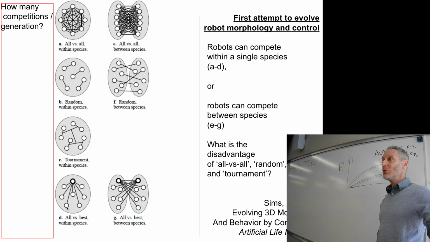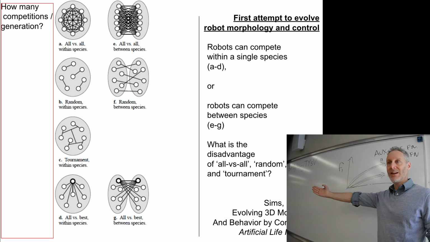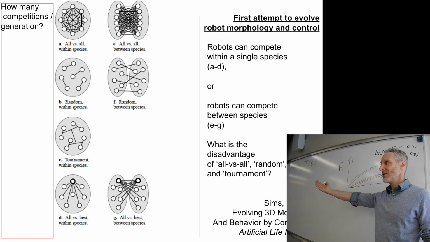So if any new individual that arrives in the population through mutation or crossover manages to unseat the king or queen of the hill, as you can guess, that individual becomes the king or queen of the hill in the next generation.